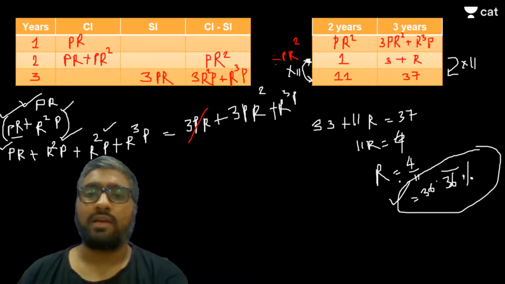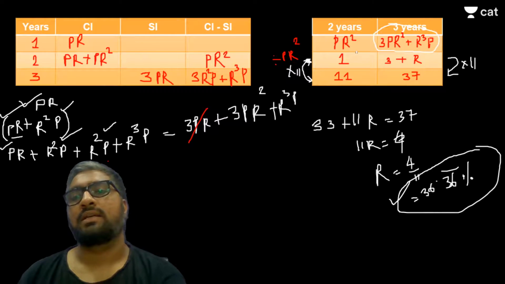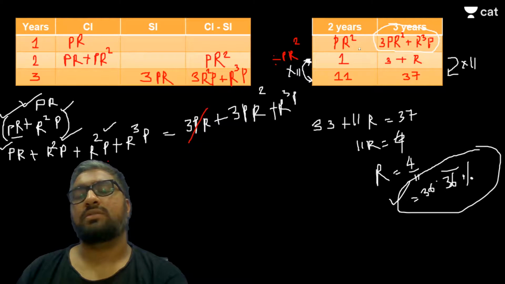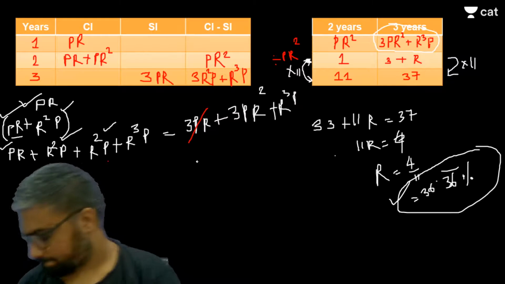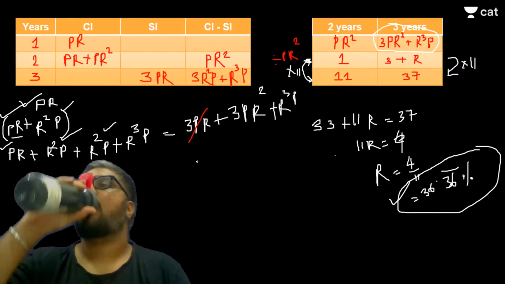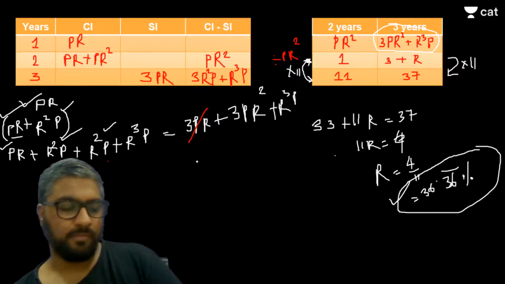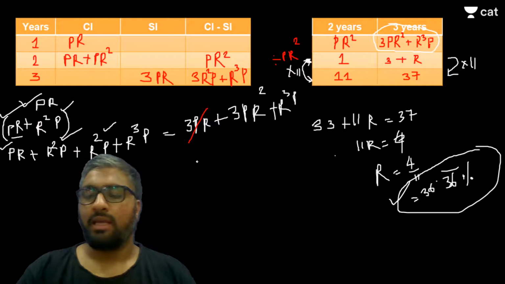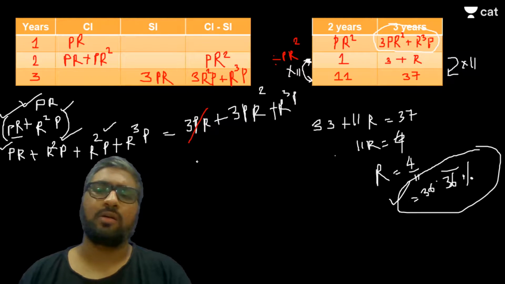Now we could actually cut down a lot of our time if we can remember. Any issues here? Any confusion? Cool. So this was the difference between compound interest and simple interest.